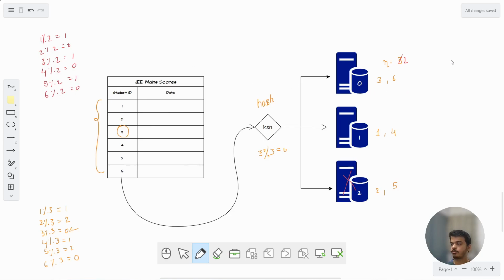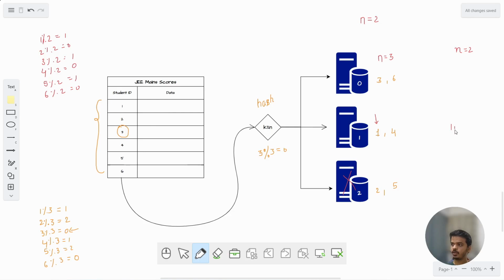So now, this was the data for n equals 3. Now when you have 2 servers, what happened?